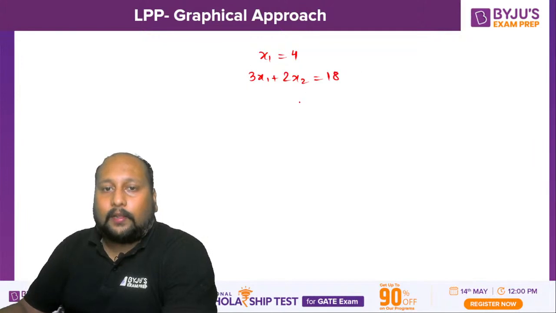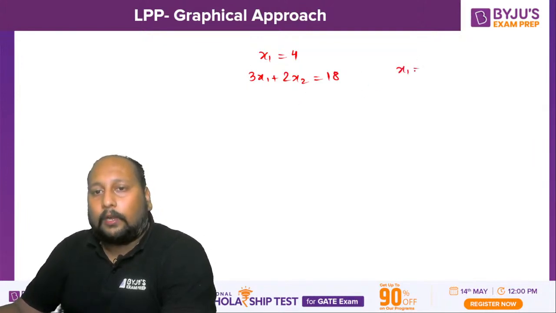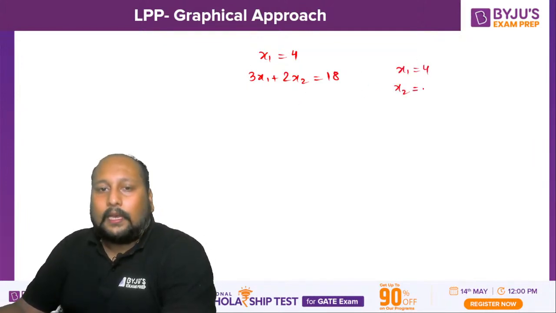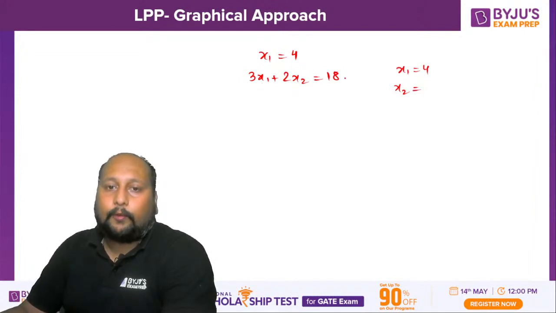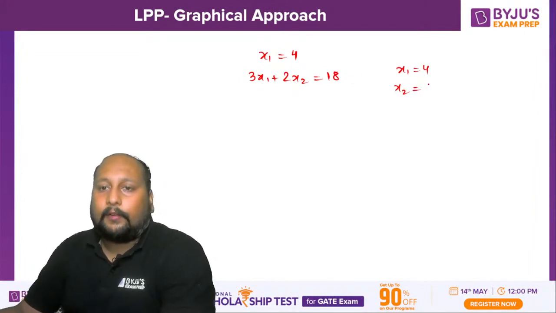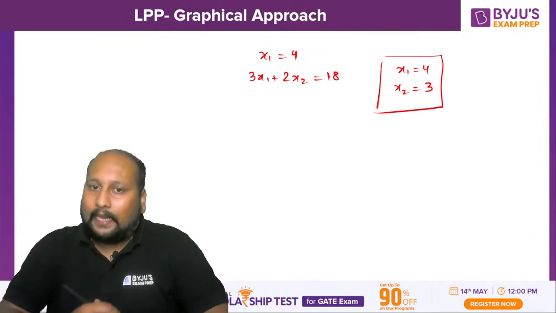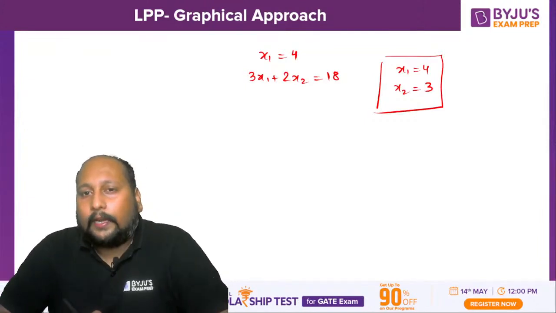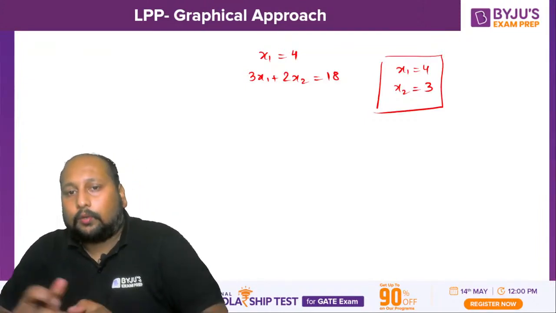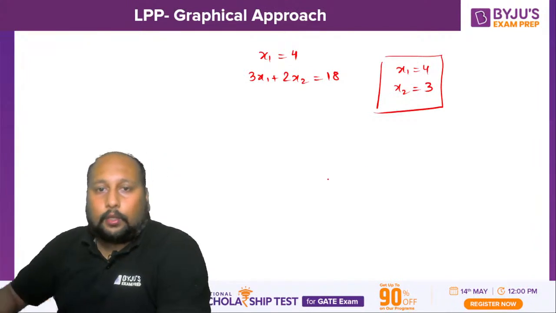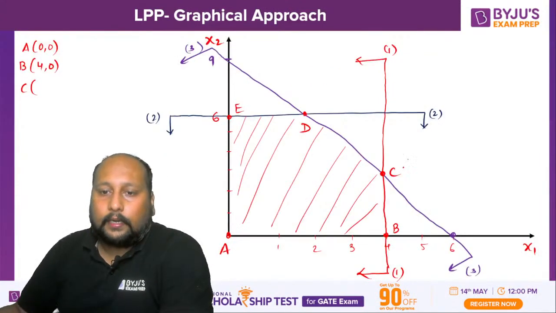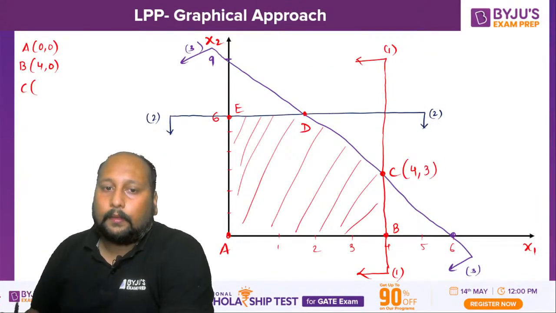If you try to solve these 2 equations, we'll be getting x1 equal to 4 and x2 is equal to, place it, this will be 12, 18 minus 12 is 6, so 6 by 2 is 3. So we'll be having 4 comma 3.